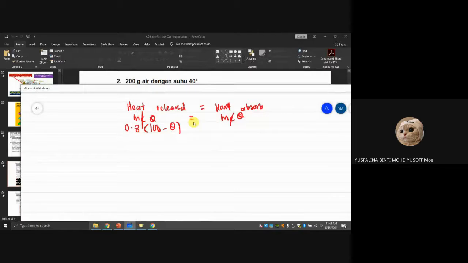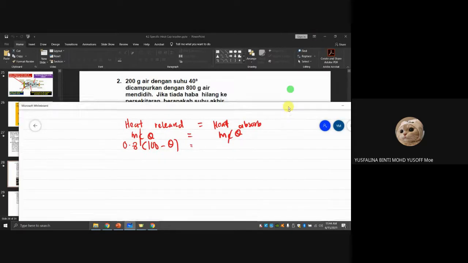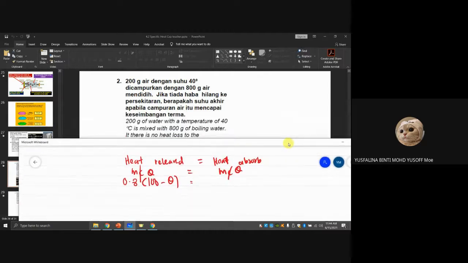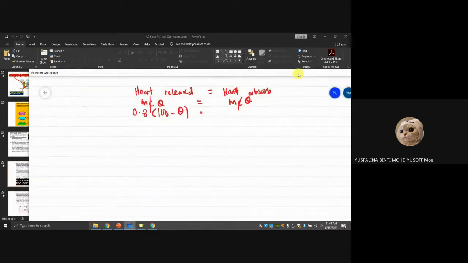Then for the heat absorbed, the mass here, if I'm not mistaken, is 200 gram, so you have to change to kg, 0.2. But this one, the 40 degrees Celsius, the temperature will increase because it receives heat from the boiling water.